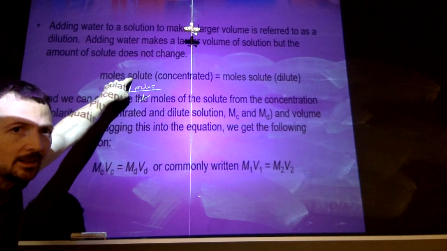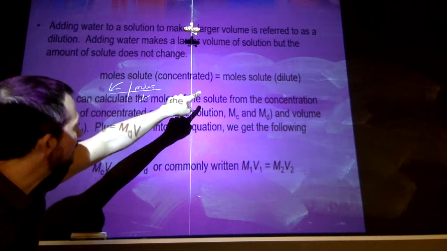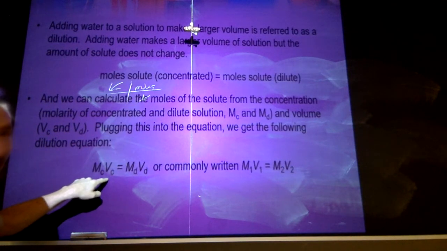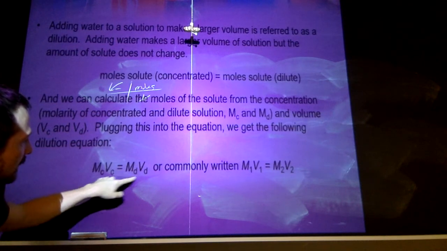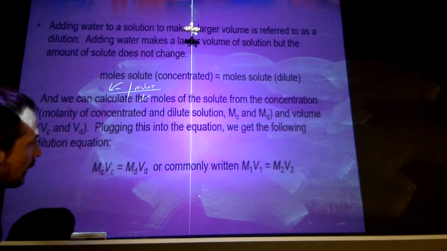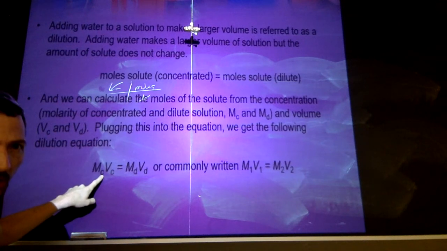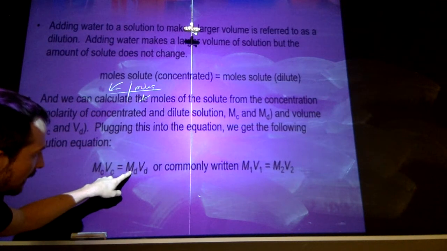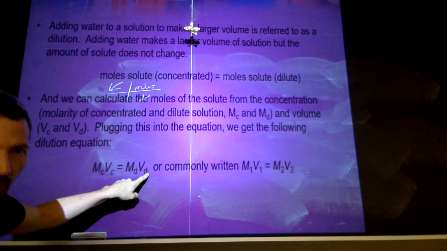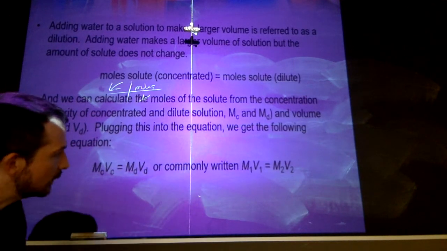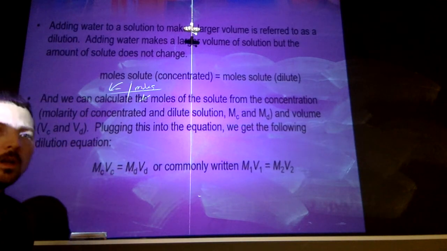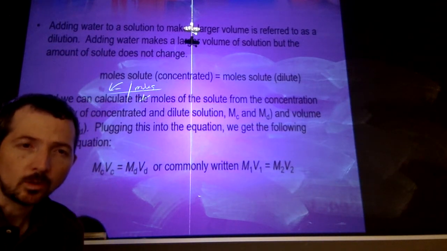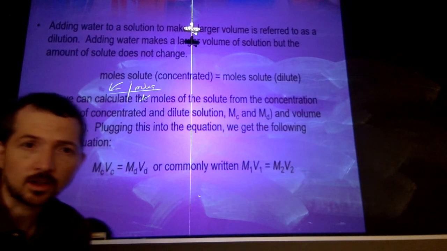And so I can plug that into this equation, where I know the moles of solute in the concentrated solution equal the moles of solute in my dilute solution, and I get what's known as the dilution equation. This says molarity of your concentrated solution times the volume of your concentrated solution equals the molarity of your dilute solution times the volume of your dilute solution. Or more commonly, it's written M1V1 equals M2V2. And this works if concentration is expressed in molarity. It also works if concentration is expressed in percent concentration.